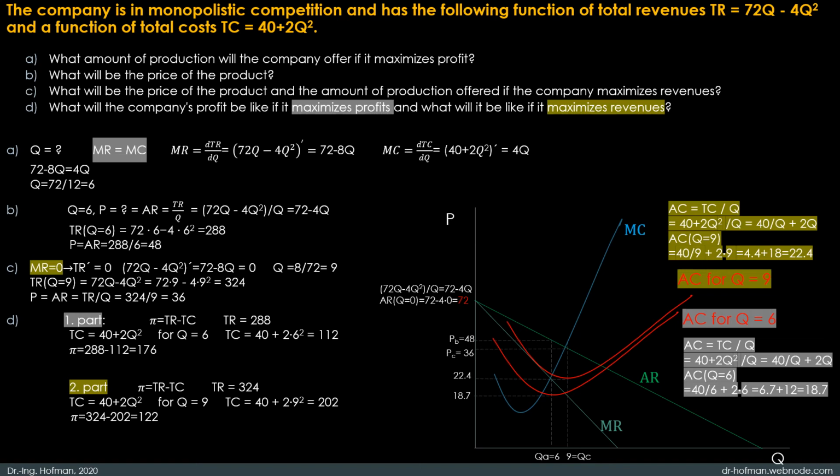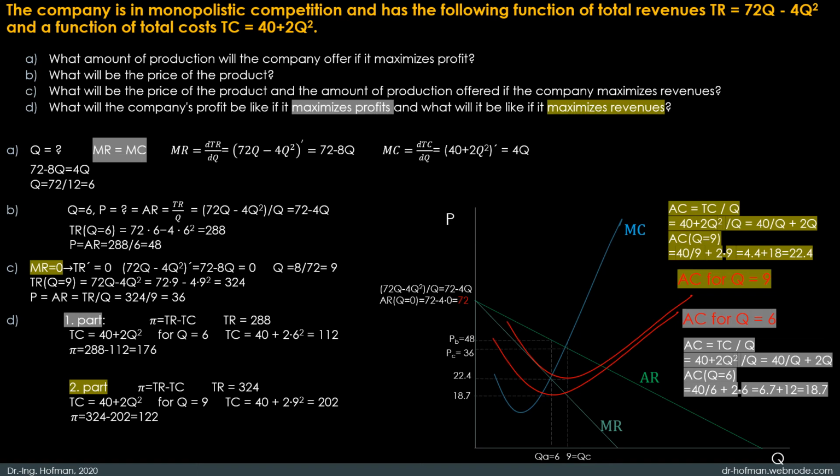If the company maximizes revenues, we use total revenues 324, which were calculated in C part. And because profit is given as total revenues minus total cost, we also have to supply the total cost 40 plus 2Q squared, for Q 9, which was given in the C part.